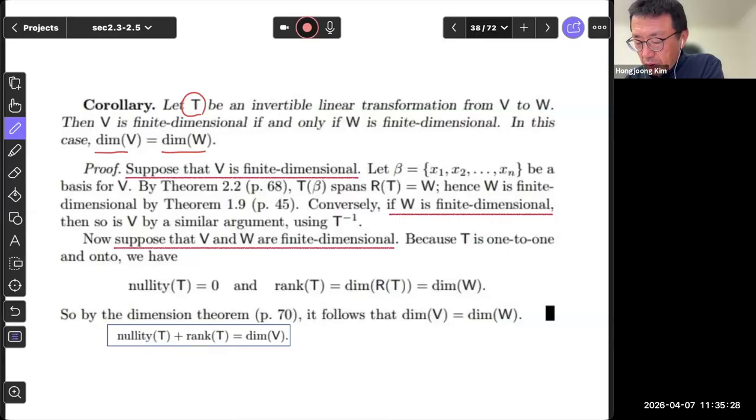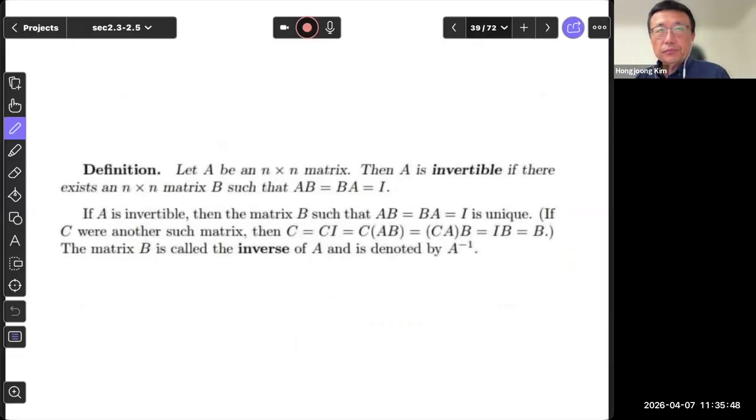You can easily check this fact. If the dimensions are different, at least one of them, being one-to-one or being onto, cannot be satisfied. You can easily derive the contradiction, right? So those were the invertibility of a linear transformation.